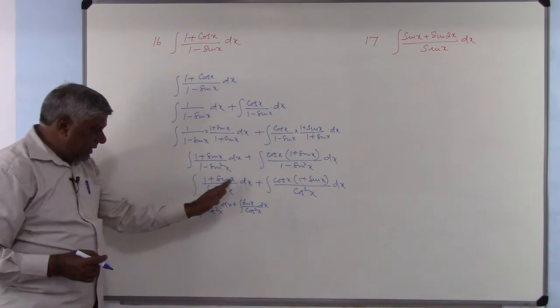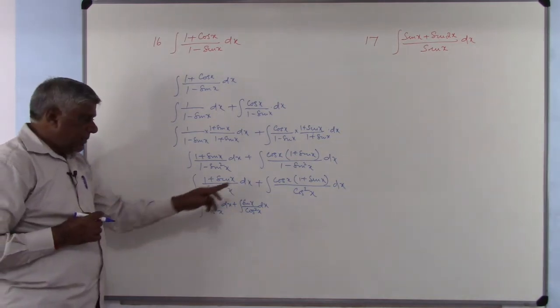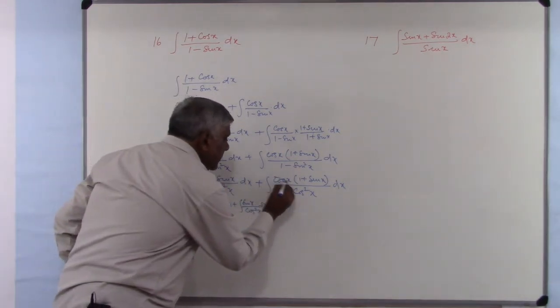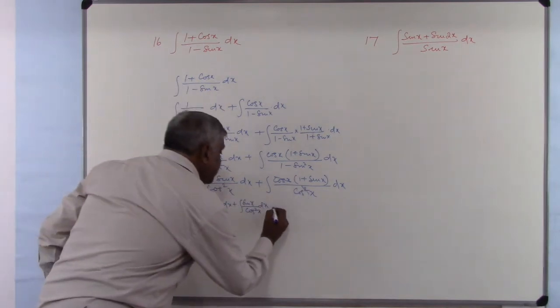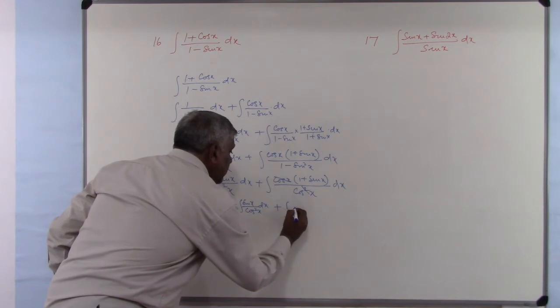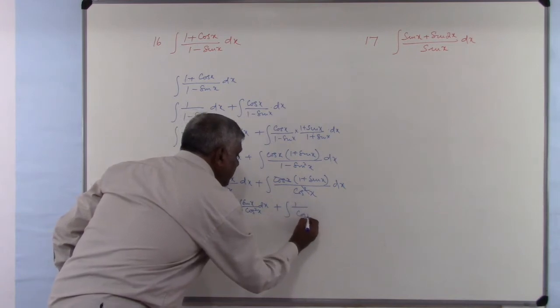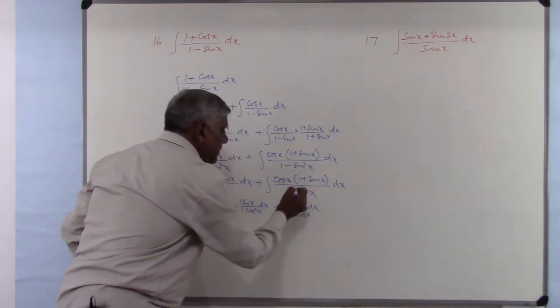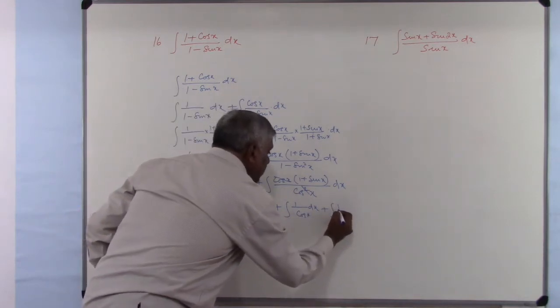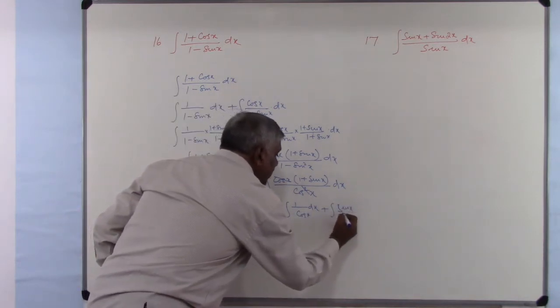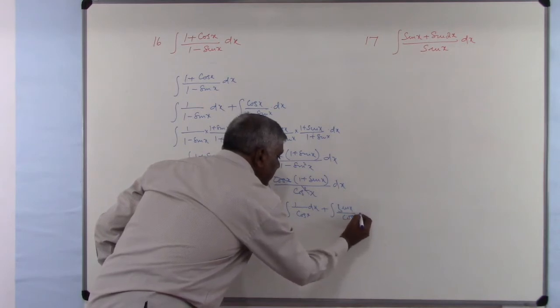I am splitting here, plus, see this and this goes. So plus integral 1 over cos x dx plus integral sin x by cos x dx.